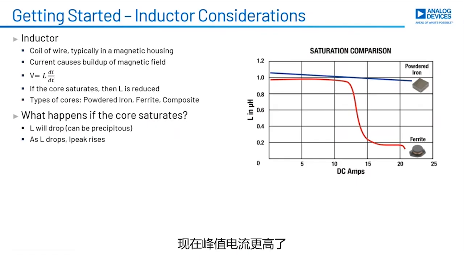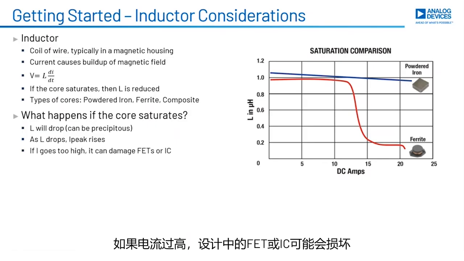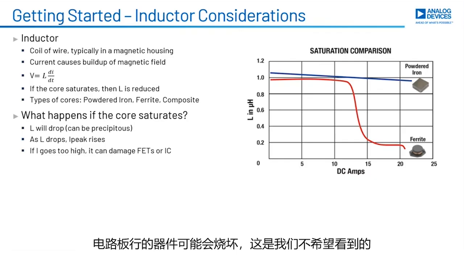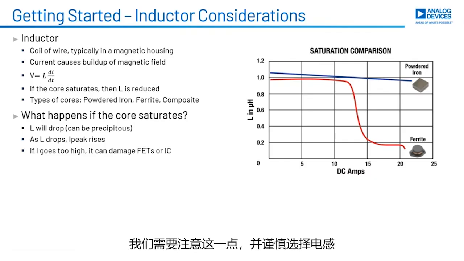So now our peak current is higher. If the current gets too high, it can damage the FETs or the IC in your design, and bad things can happen. The part could break, and we don't like it when parts on the board blow up. So we need to be aware of this and take care when we choose the inductor.